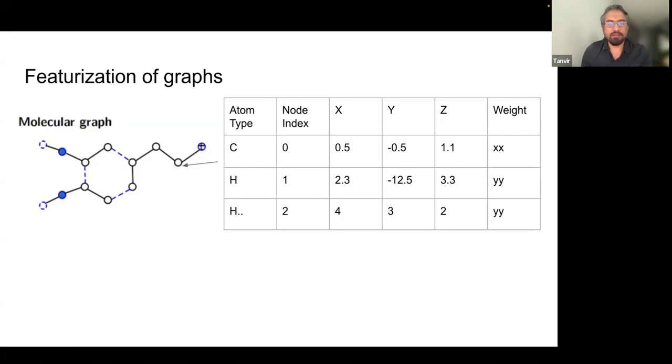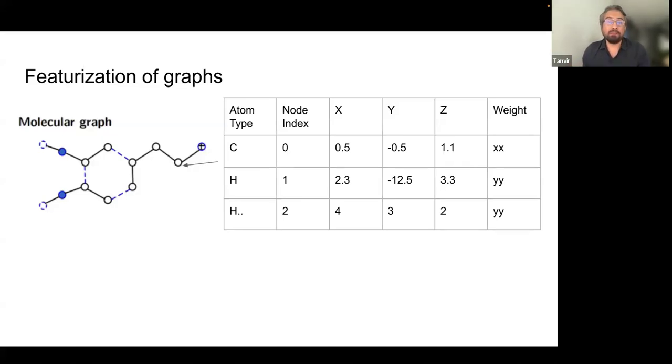We can assign a node index. We can also assign XYZ in that 3D coordinate system, if it's a 3D molecule. We can have these values together, and other features like molecular weight or valency or any specific atomic features that we can have. So we can make a table out of it in computational terms when we try to analyze that.